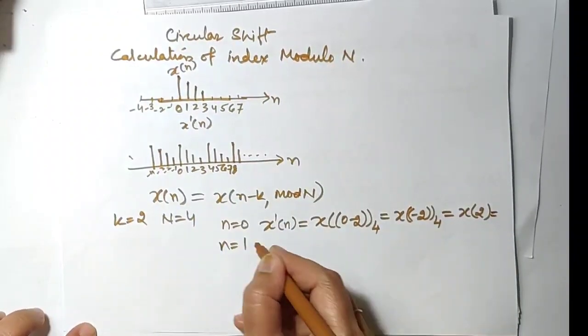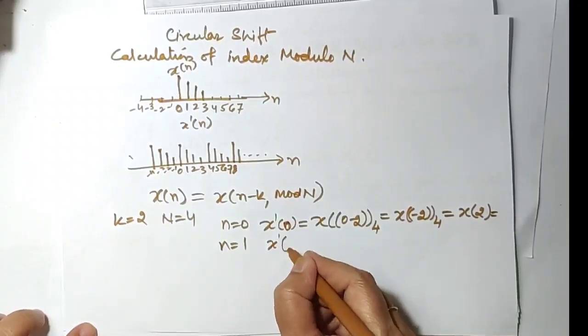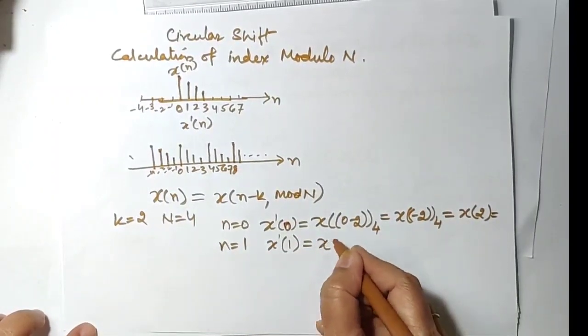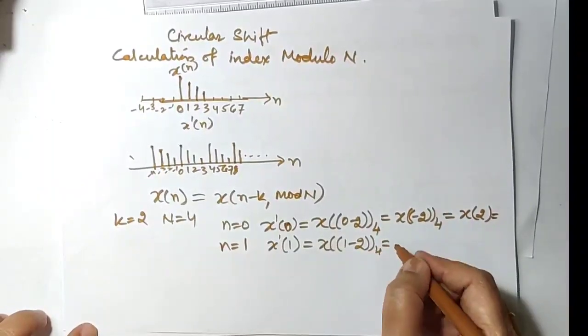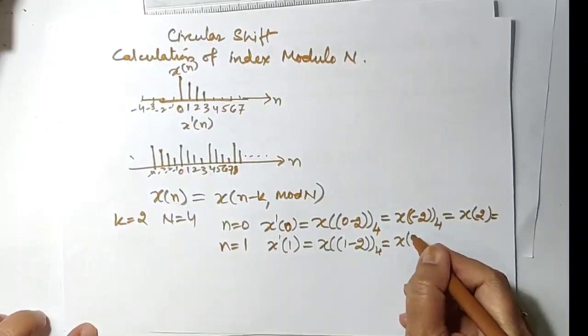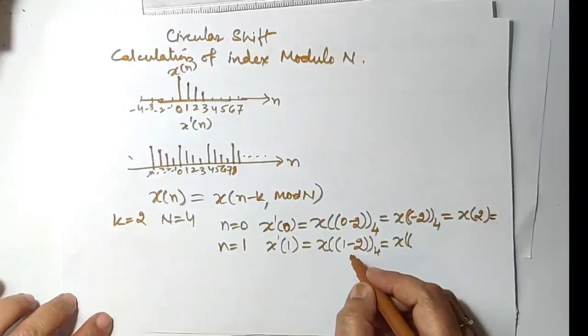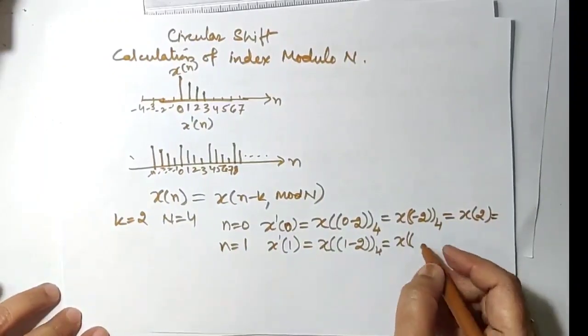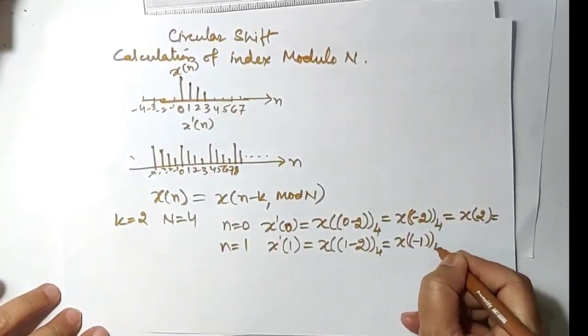At n equal to 1, take 1, x of 1 minus 2, modulo 4, so it will be x of minus 1, modulo 4.